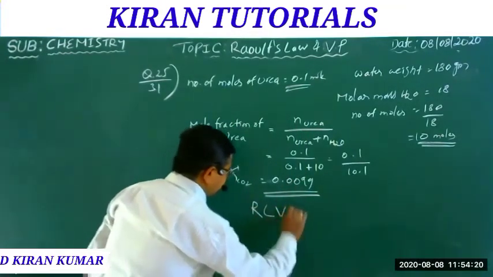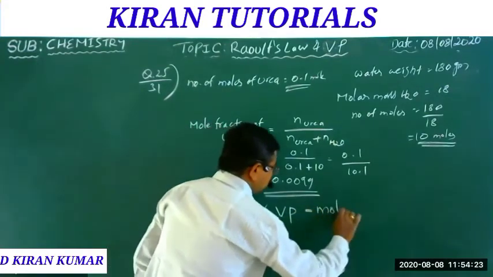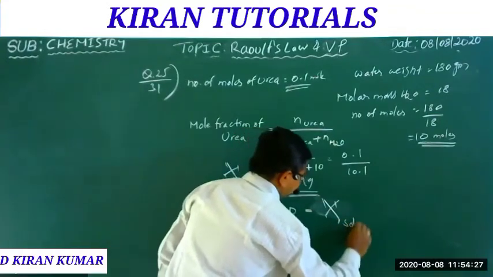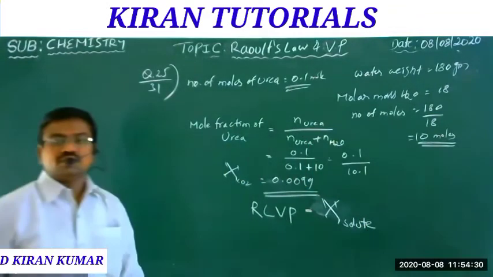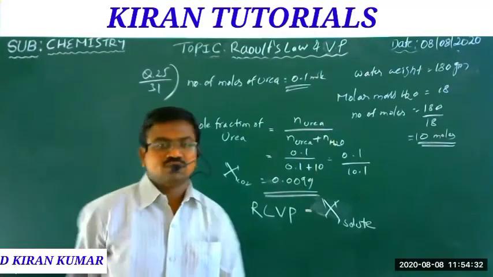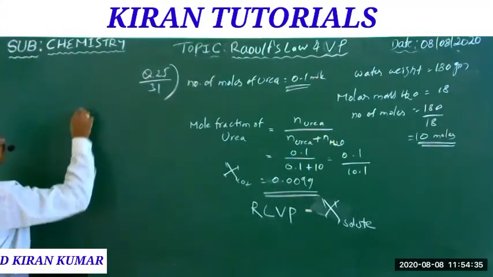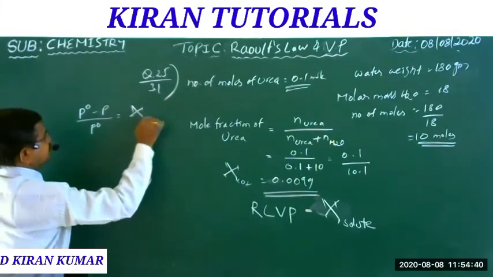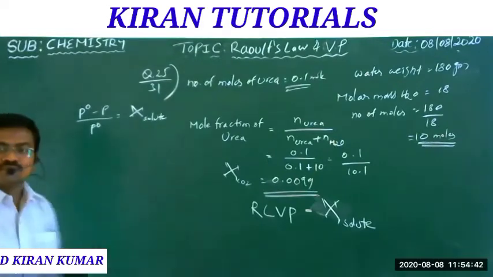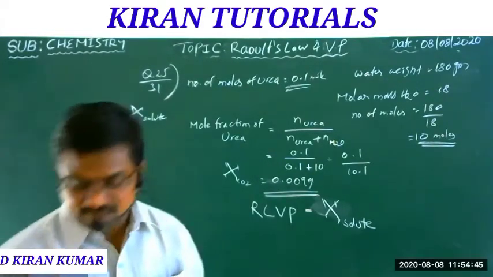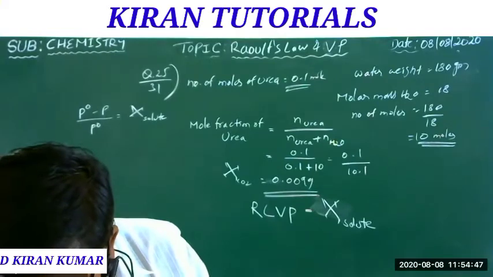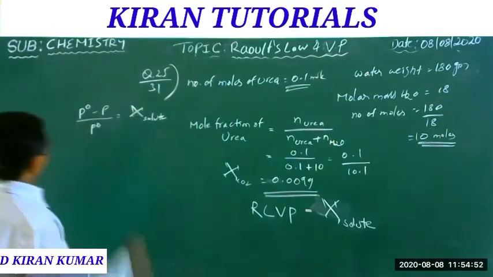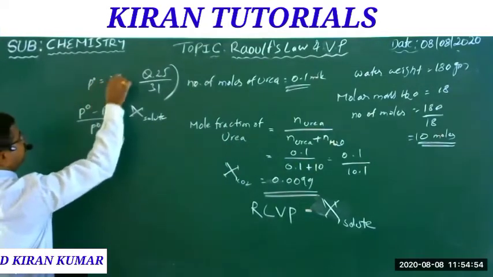So P naught minus P by P naught equals mole fraction of solute. Then, what is P naught here? The question gives it: the vapor pressure of water at 25 degrees Celsius is 24 mm of Hg. So P naught equals 24.